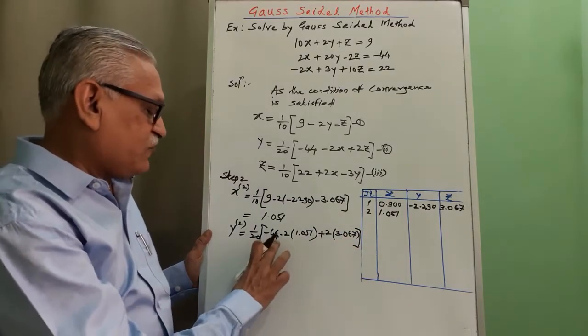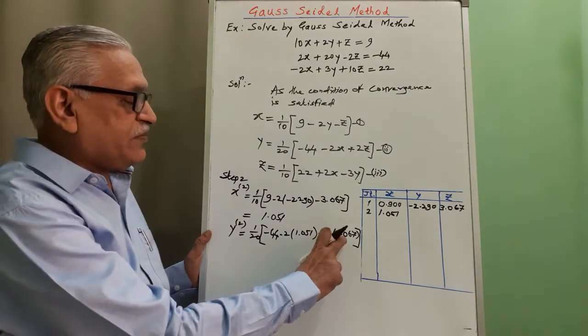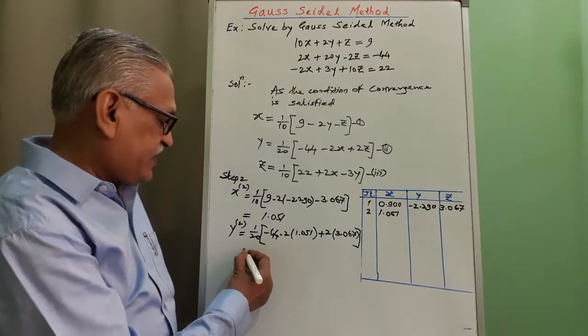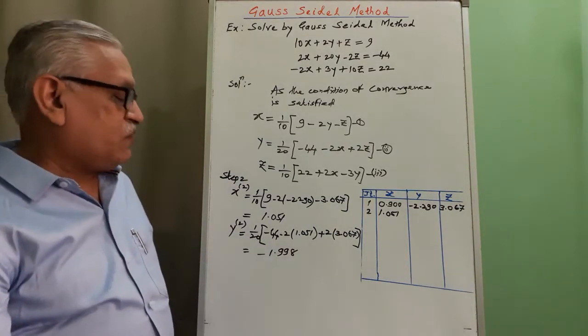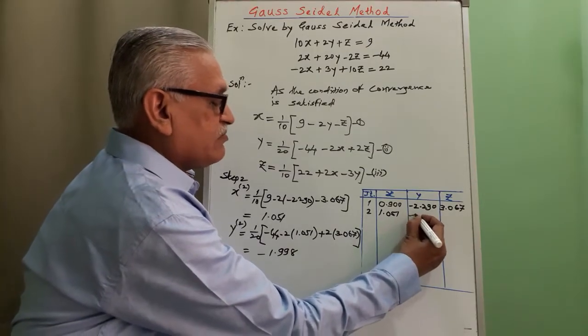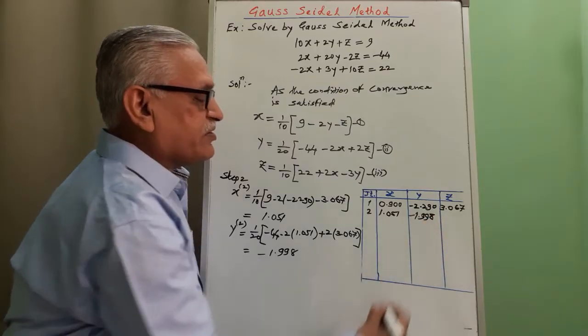Simplifying it, minus 44 minus 2 into 1.051 plus 2 times 3.067, divided by 20, gives minus 1.998. We put that in the table, minus 1.998.